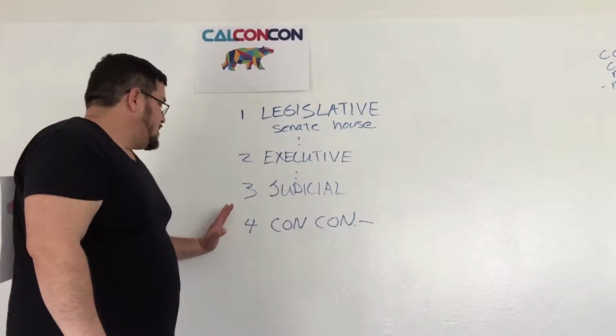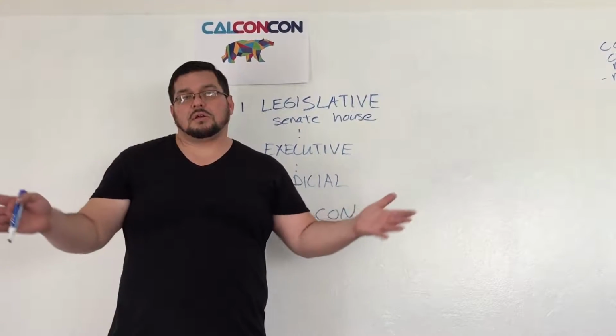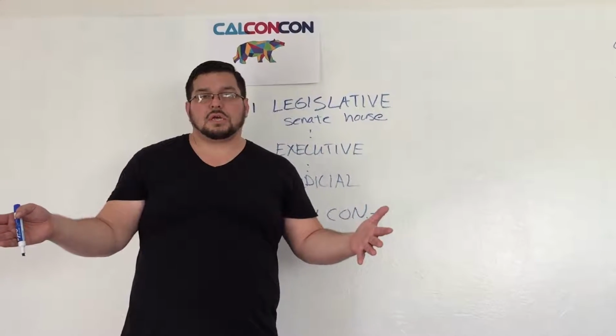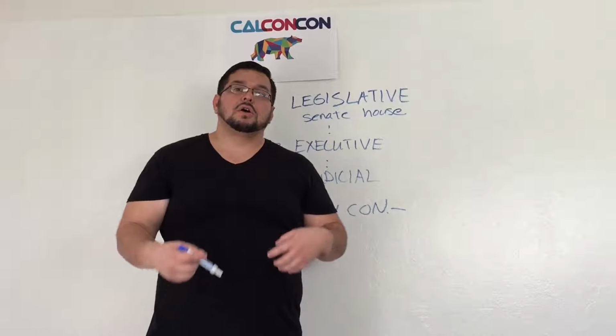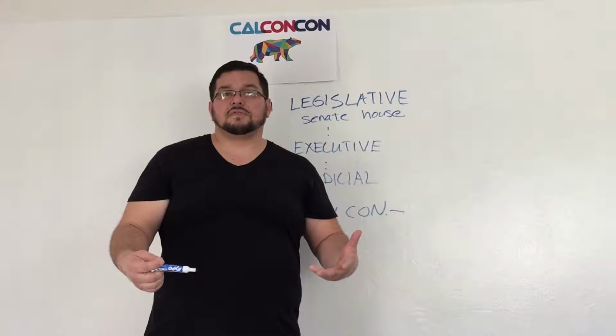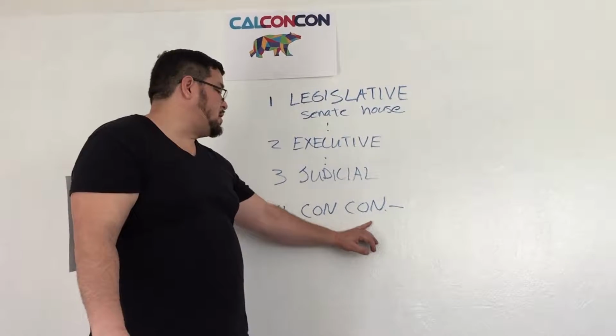Additionally, though, you can change the law another way. In the Constitution, and Thomas Jefferson was in fact a big supporter of this, you can call what's known as a Convention of the States, a Constitutional Convention, or what's popularly known as a ConCon.